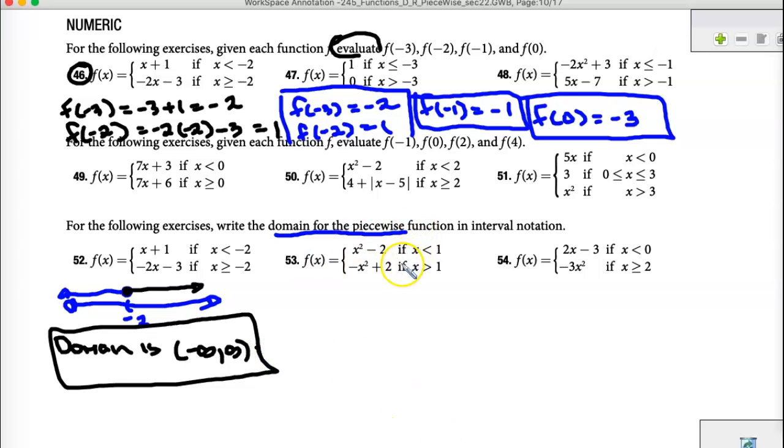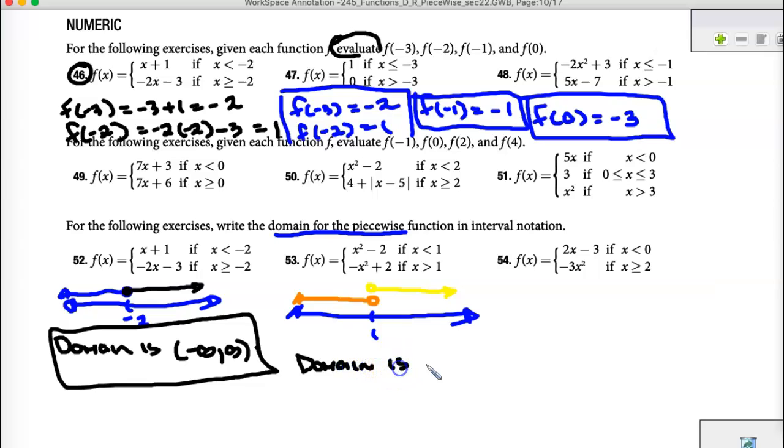However, what about 53? Again, you will do a number line. Here is 1. So this is illustrating at 1, you will have an open circle and shade here, but then you will have an open circle and you would shade here. So this is different because the 1 is not included.